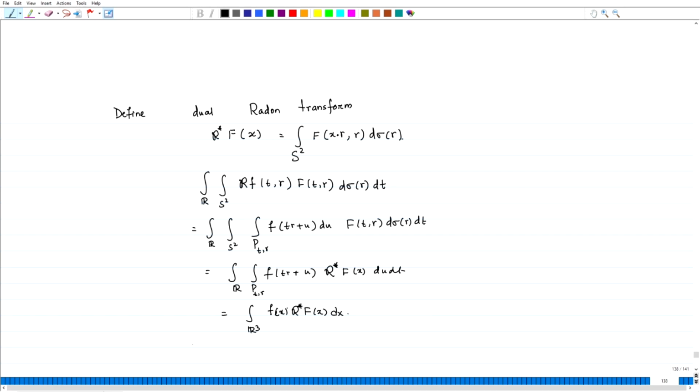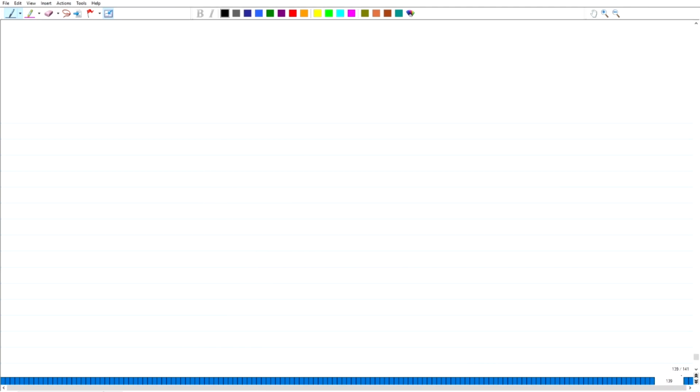Now, we recall that the Laplacian is del squared by del x1 squared plus del squared by del x2 squared plus del squared by del x3 squared. This is our Laplacian. With this notation, the main theorem is the reconstruction formula.